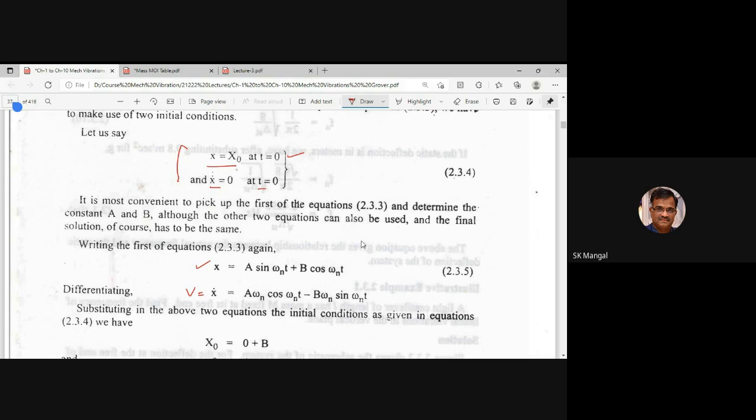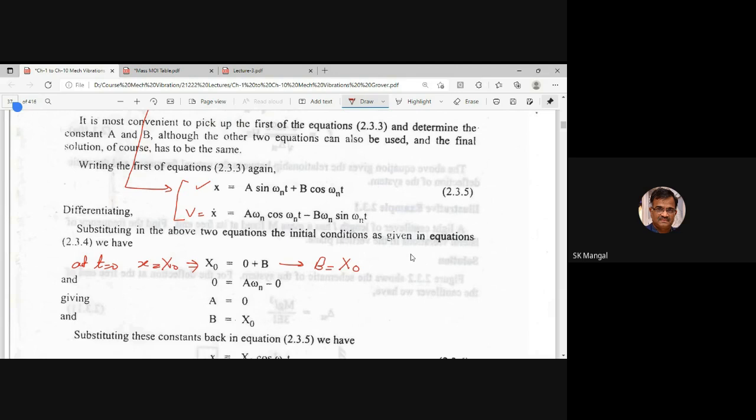Then you can put the values of these conditions in these two equations, and you will get at t is equal to 0, x is equal to x naught, and it is giving this value. So your b comes out to be x naught.